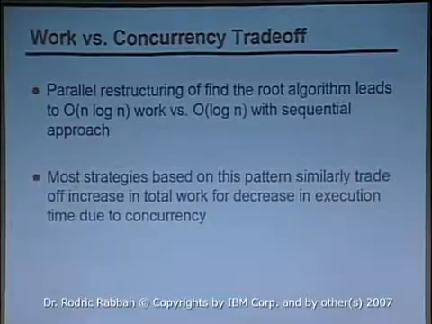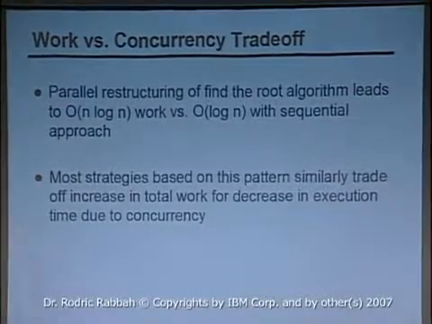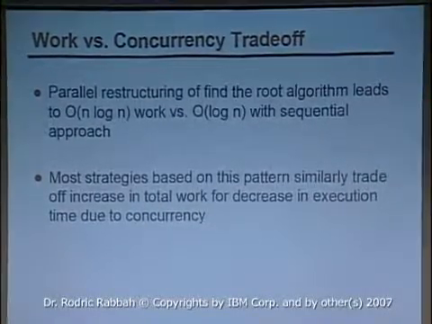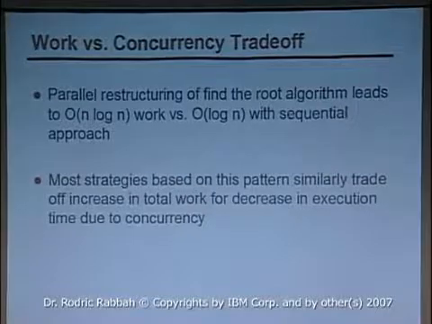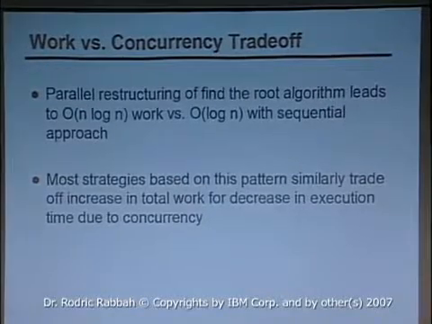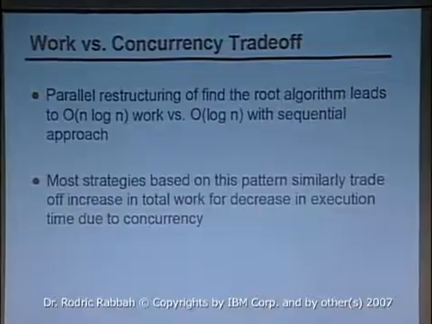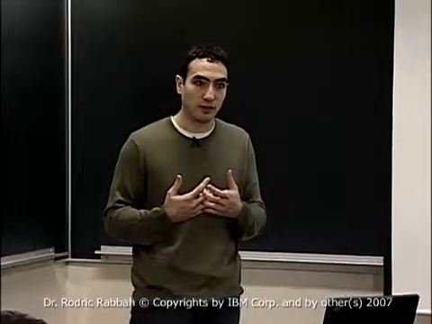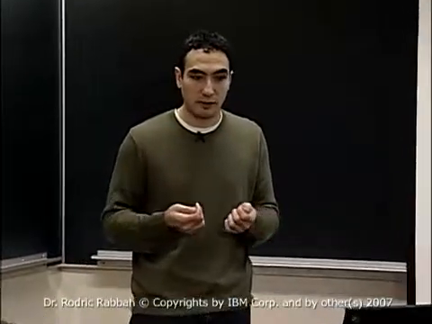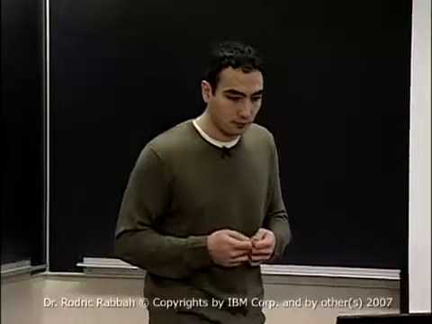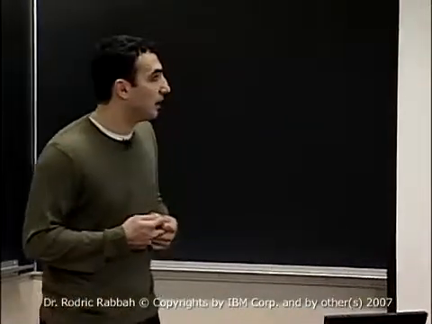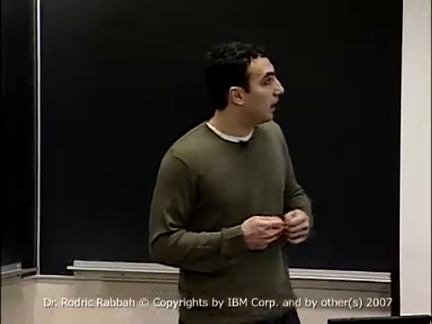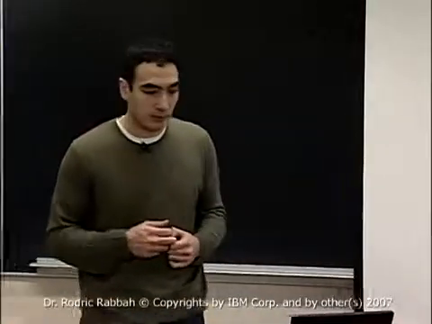So most strategies based on this pattern of decomposing your computation according to the recursive pattern lead you to doing much more work, or some increase in the amount of work. But you get this back because you can decrease your execution time. And so this is a good trade-off that you might want to consider. Is it versus order n with sequential? Yeah, this is a typo.